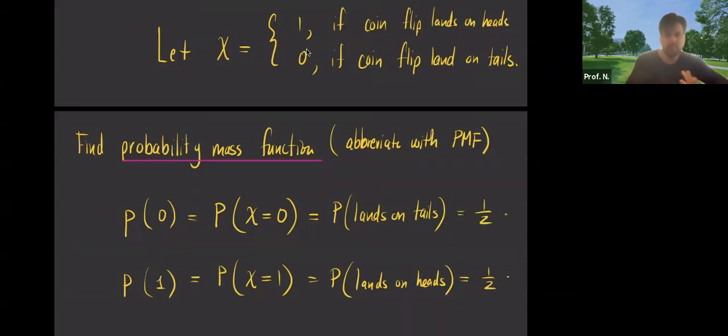So the idea that we're doing with random variables is, instead of writing words, we're using letters with numbers. That's really what we're doing. And that's what we do a lot in mathematics. We want our words to not always have to represent our events with all this long English, right? We want to find a way to generalize this to all possible probability experiments that only have two outcomes.